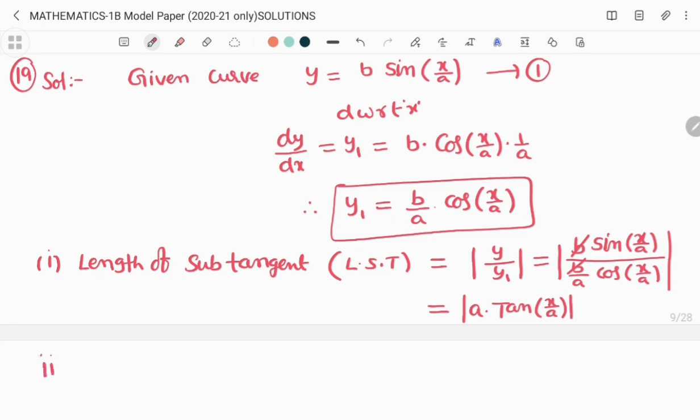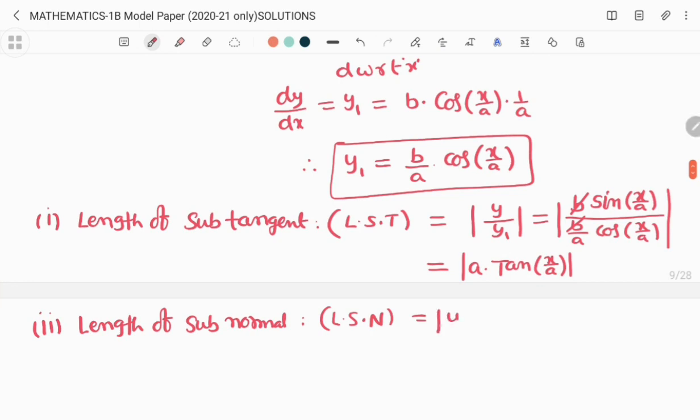Come to the second one. What is length of subnormal? LSN, length of subnormal. The formula for length of subnormal is here y by y1, no, that was length of subtangent. Here y into y1. So mod y into y1. Which is equal to mod y value is b into sine of x by a, y1 value is b by a into cos of x by a.